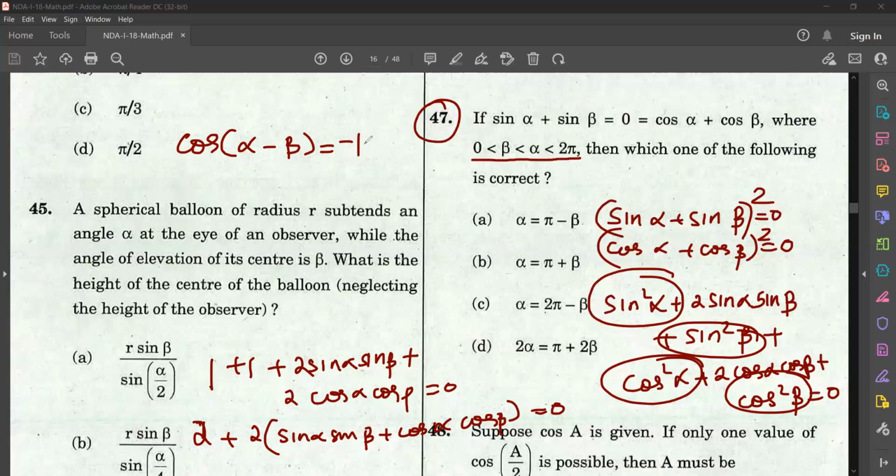Tell me whose cos is negative 1. It is for pi, isn't it? 180 degree. You have cos value negative 1. So we can write cos pi is negative 1.